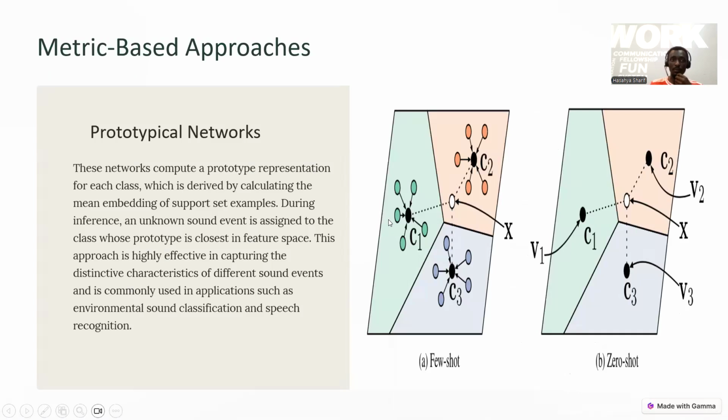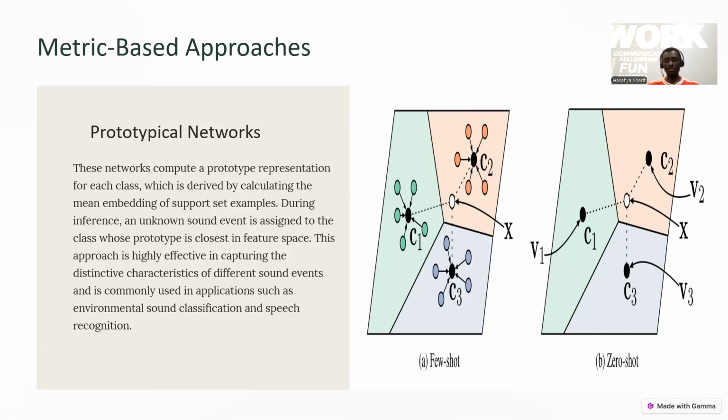Then next are the metric-based approaches, where we have the prototypical networks. The prototypical networks categorize various sets into prototypes, using a mini feature embedding.